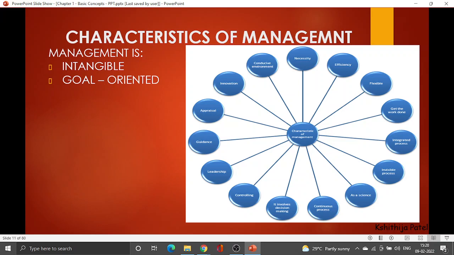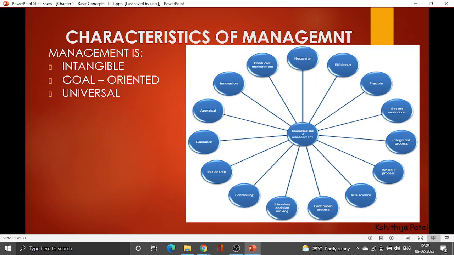On the other hand, if we observe service organizations, the goal might be customer satisfaction. Service oriented can be hospitals or educational institutions. So the goals differ, but definitely management's activity is that it achieves whatever goal has been set forth for it.